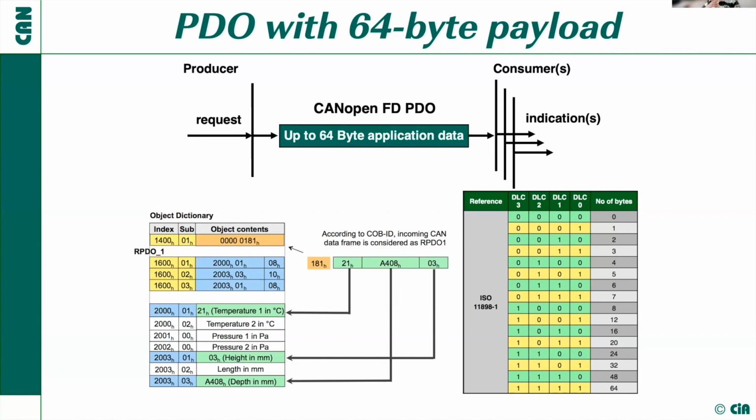And this mapping table has in CANopen Classic about 64 entries at maximum. So as long as one entry shall not be smaller than 1 byte, I can fill up a 64-byte CAN FD message. So from that point of view, not really a change was necessary, except the increase of the threshold value from 8 to 64 bytes that I can now map to a PDO.